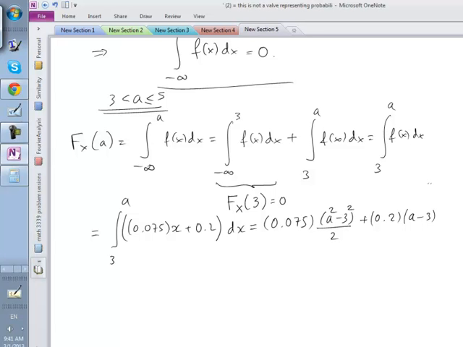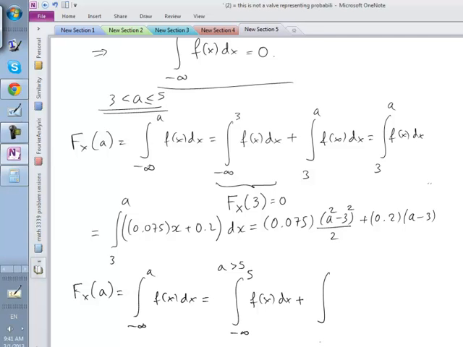So that's the result there. In f of x, when a is greater than 5, that is equal to, since a now is greater than 5, the integral from negative infinity to a, as we did before. Now break the integral from negative infinity to 5, and from 5 to plus infinity.